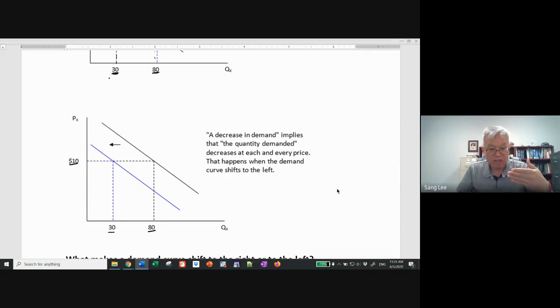So quantity demanded decreased from 80 to 30, even at the same price. So price is not the cause of the change here, something else. For some other reason, even at the same price, people buy less than before. If that happens, we say there is a decrease in demand, or a leftward shift.